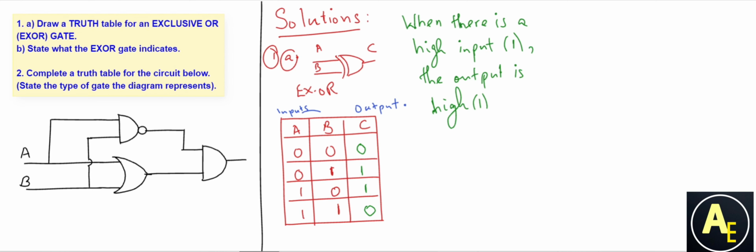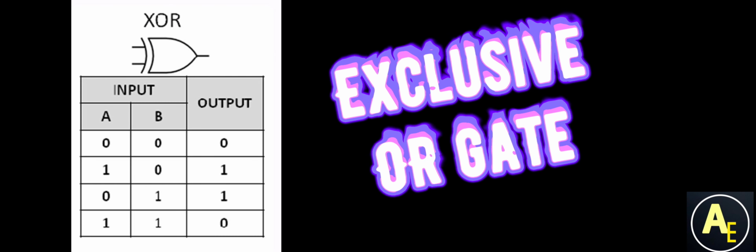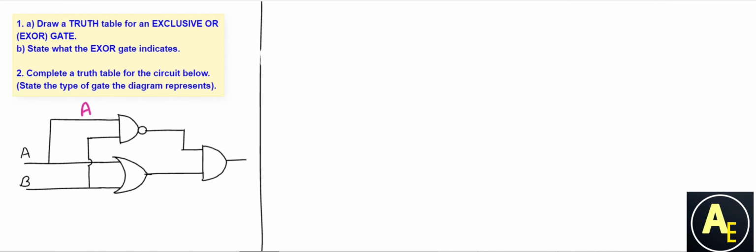However, the same condition is not used for an exclusive OR gate. An exclusive OR gate has one stipulation: where our two inputs are identical, our output is low. This means that an exclusive OR gate is fundamentally an OR gate exclusive of the condition where our two inputs are the same.